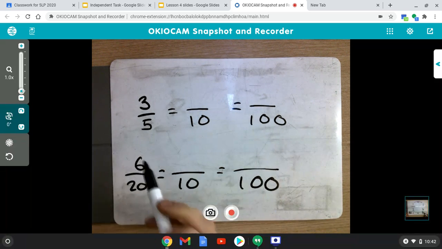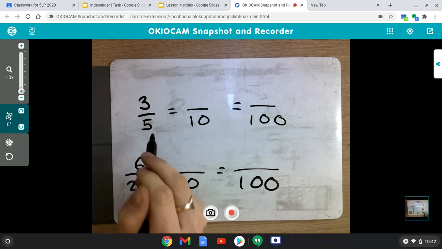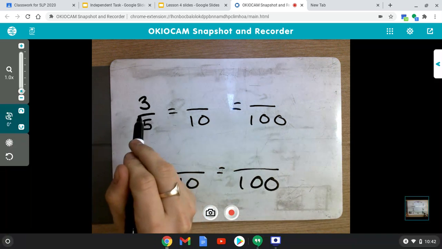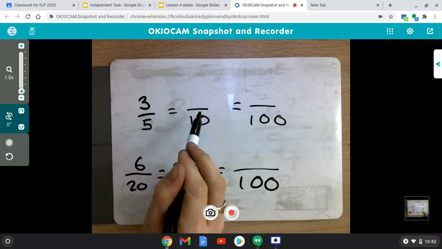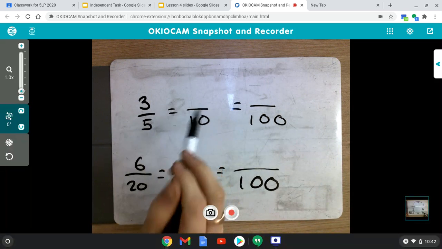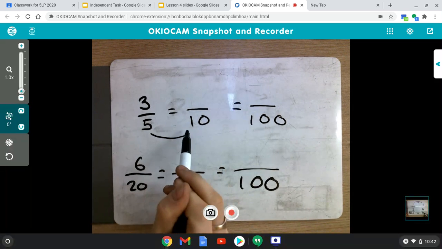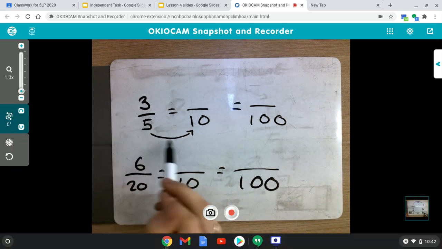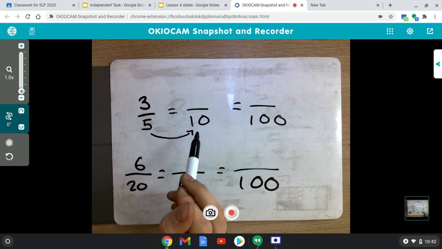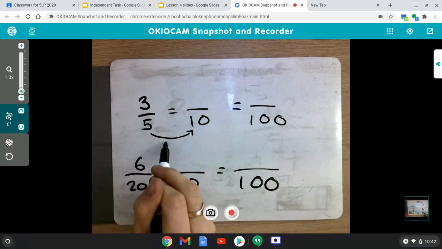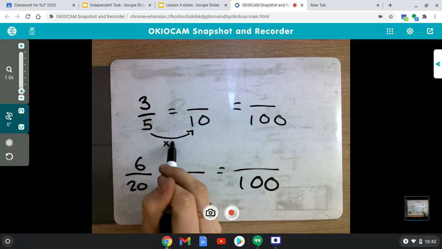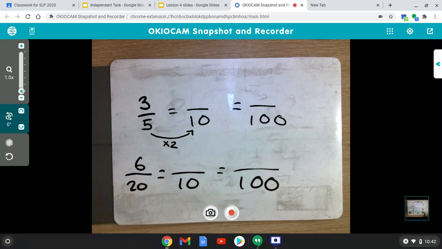So remembering what we learnt about last lesson, I've got 3/5 and I'm trying to find the equivalent fraction as a number of tenths. Well, can you identify what I've done from 5 to get to 10? Well done if you identified that I multiplied it by 2. I made it 2 times greater.